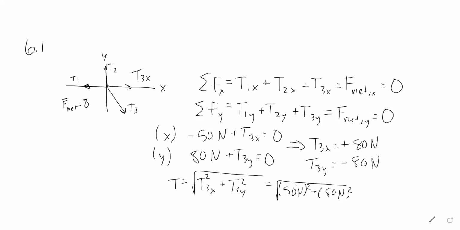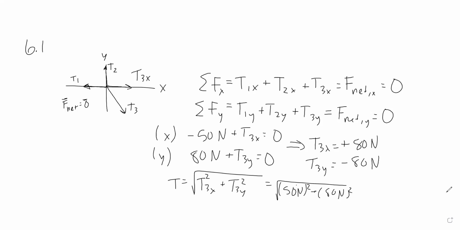So the strength, this is when you eventually just want to put it in your calculator. You get the square root of 8,900, because 80 squared is 6,400 and 50 squared is 2,500, so 6,400 plus 2,500 is 8,900.